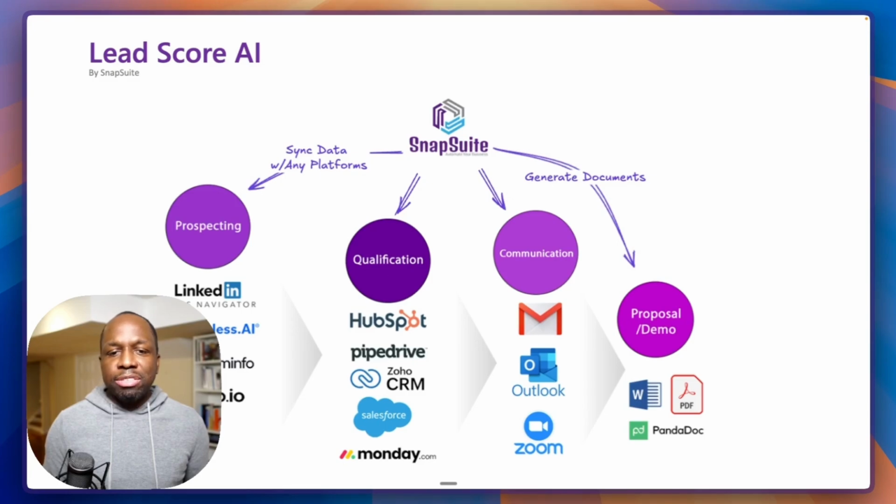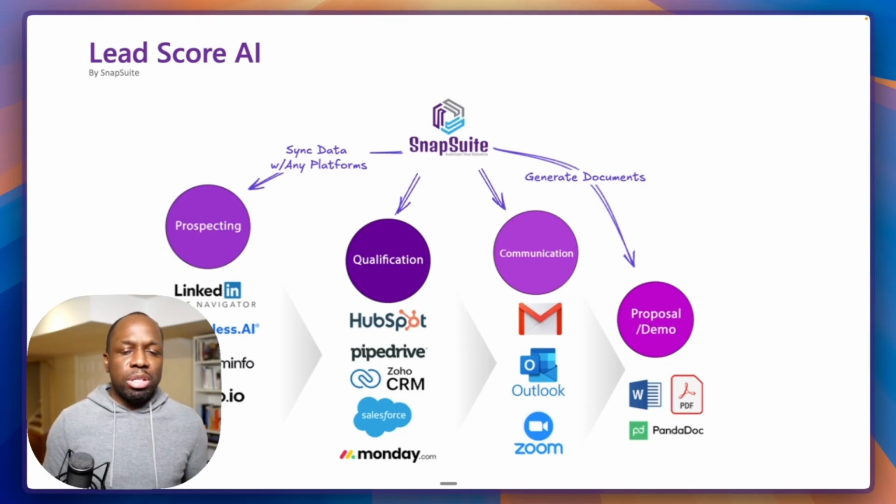And last but not least, we have the proposal. If you're doing lots of outbound sales, you have to start with your prospecting tools, move over to your qualification tools, then do email communication, Zoom or Teams meetings, and then send a proposal.